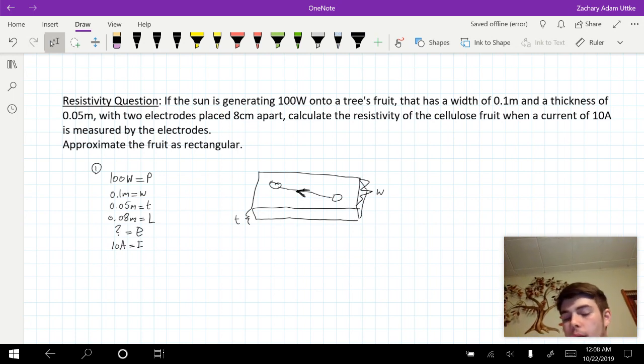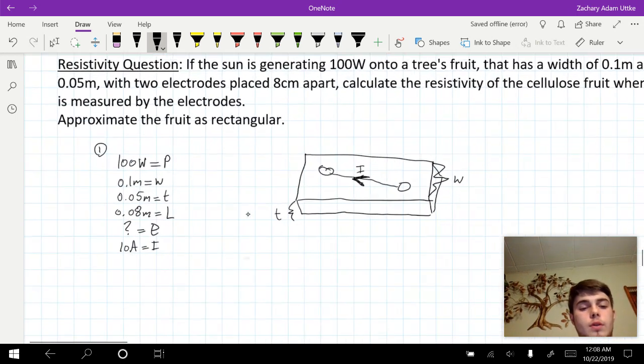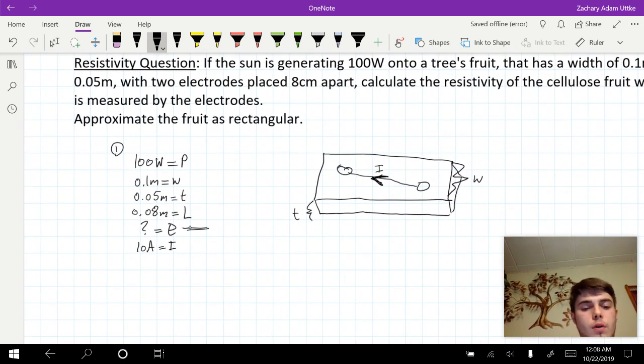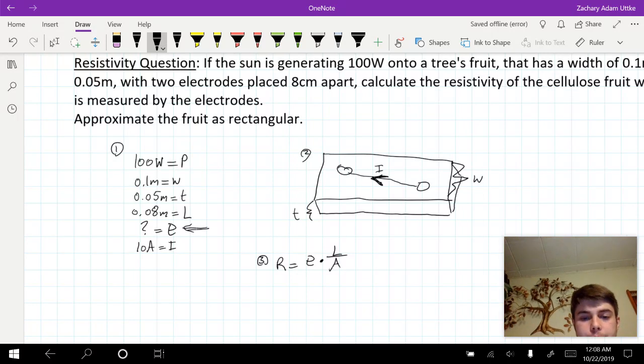So after listing what we have, what we need to find, and drawing a little bit of a picture, let's start listing equations that could probably help us solve for rho. I would start with the equation R equals rho times length over area.